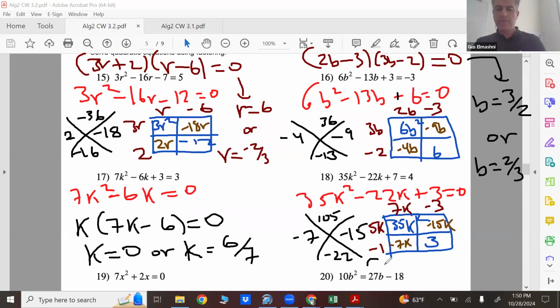And then lastly, 5k minus 1, 7k minus 3. K equals 1/5, or k equals 3/7.